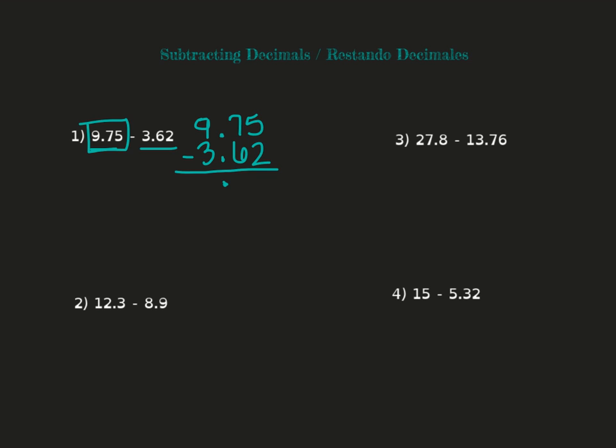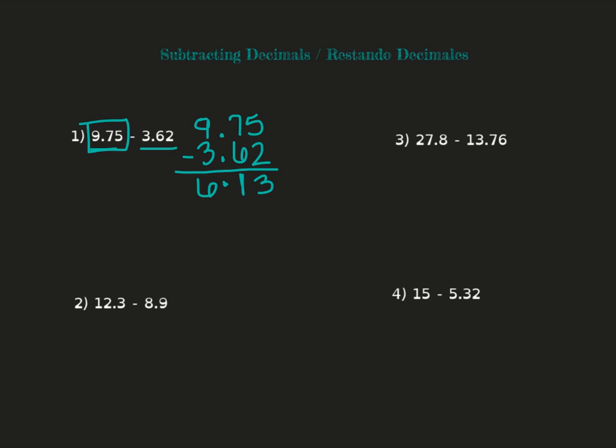So I'll start with 5 minus 2, and that would give me 3. I would then go with 7 minus 6, which would give me 1. Then I would do 9 minus 3, which gives me 6. And if you noticed, when I am adding or subtracting, I always start from the right and then move to the left.